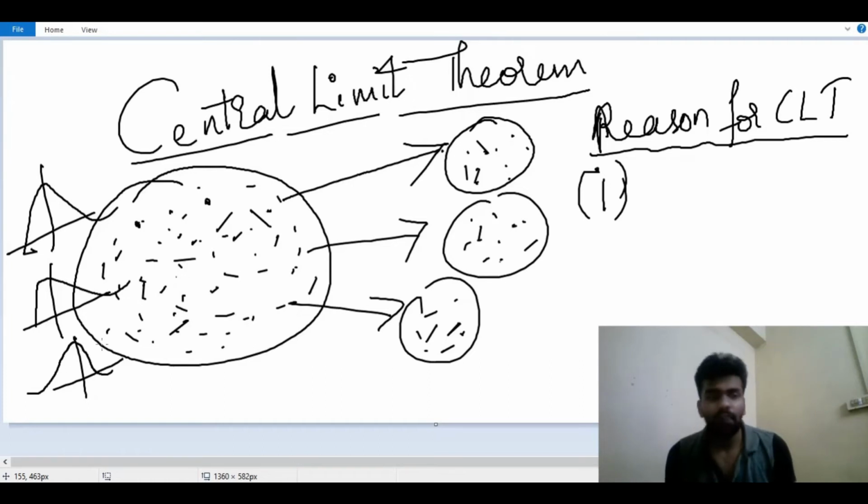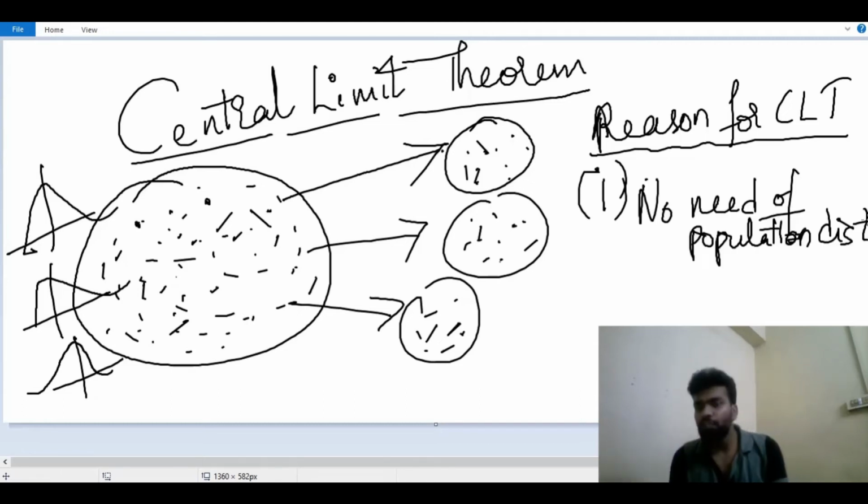It doesn't need to know the distribution of your population. Whatever it may be, it will take the samples and calculate the means, and if you plot that, we will approximately get the normal distribution. So there is no need for the population distribution. That's one of the advantages.